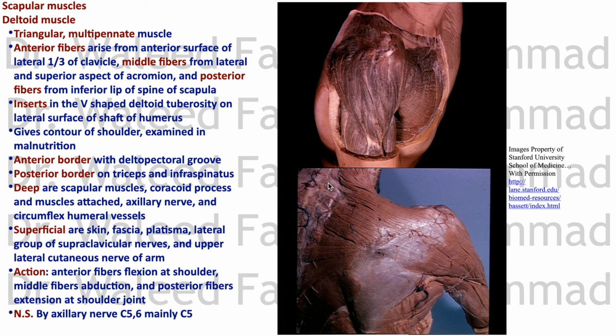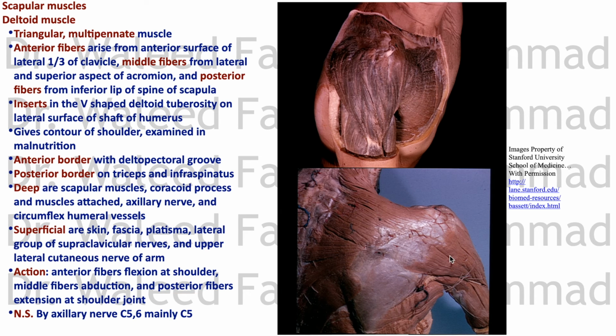The anterior border forms the deltopectoral groove, the one we saw earlier with the pectoralis major. Posterior border is on the triceps and infraspinatus muscle. Deep are the scapular muscles, the coracoid process, and muscles attached to it, like coracobrachialis and pectoralis minor, axillary nerve and circumflex humeral vessels.